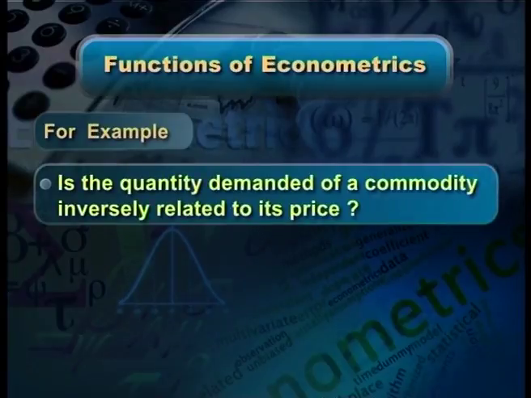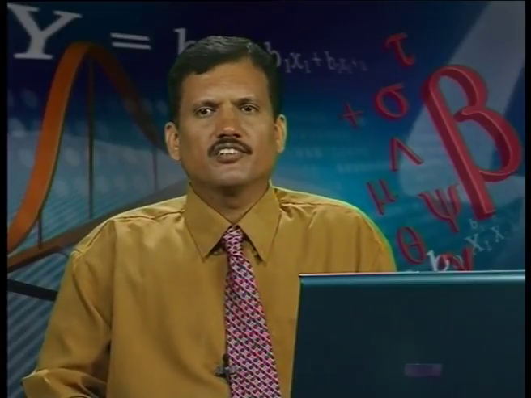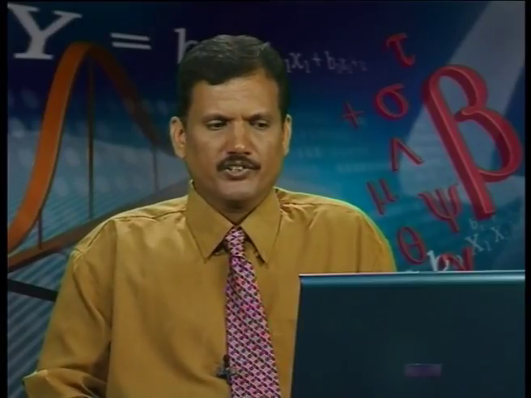We can take one more example. Is the quantity demanded of a commodity inversely related to its price? That means the quantity demanded of a commodity is inversely related, or positively related, to its price: inverse relationship or positive relationship. What type of relationship can be measured?